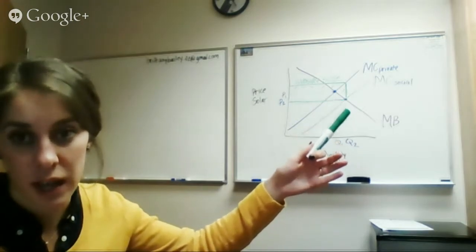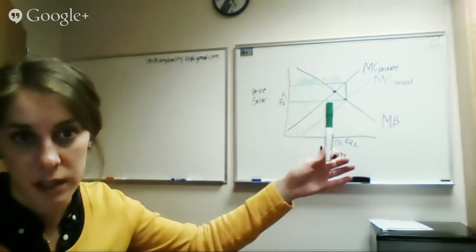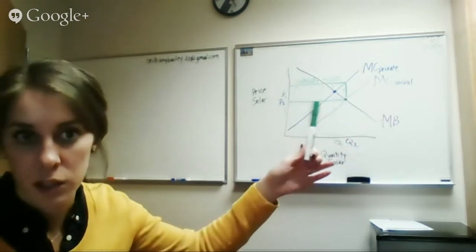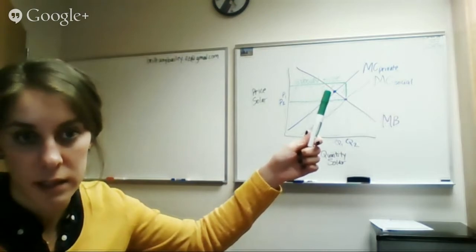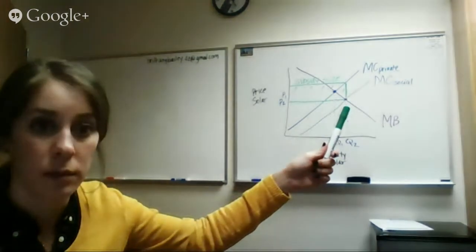But in order to do that, they had to provide a subsidy to those private producers, which is in the area of this rectangle here. So the equilibrium price went down and the equilibrium quantity went up.